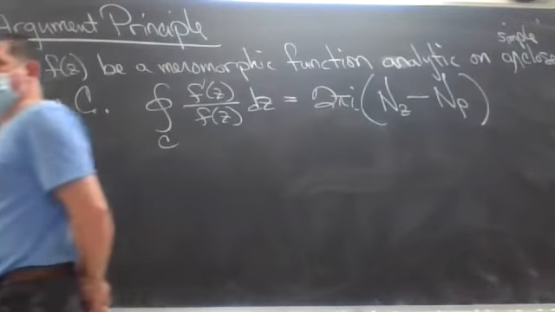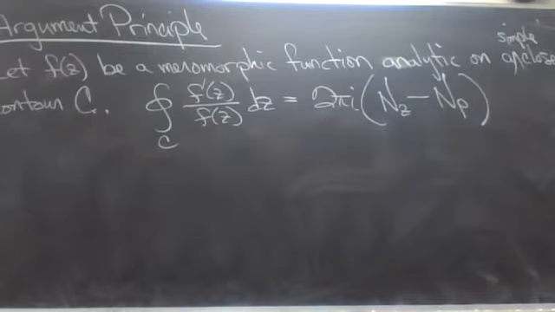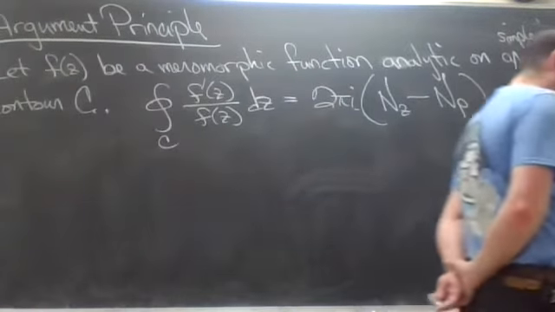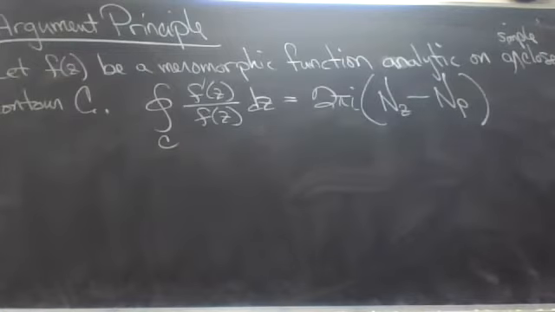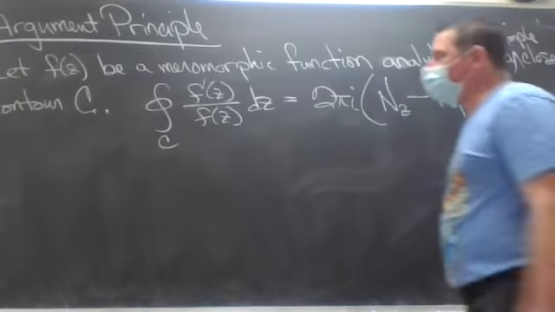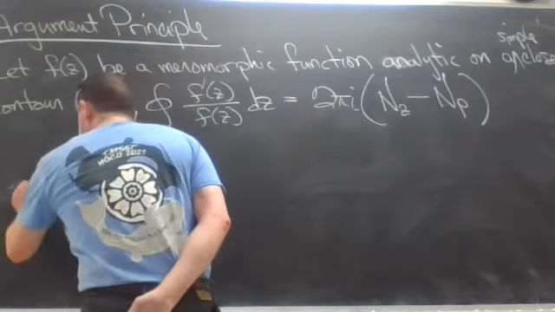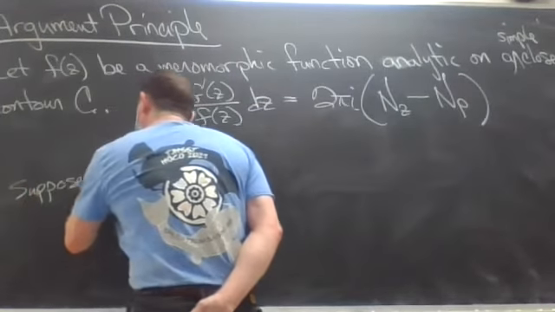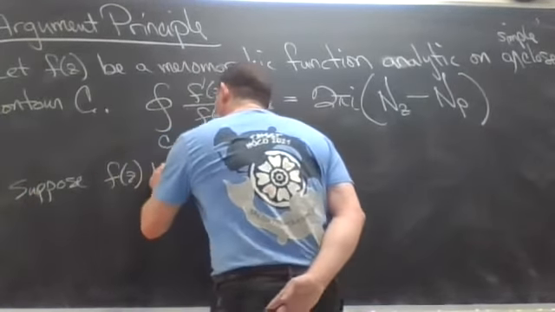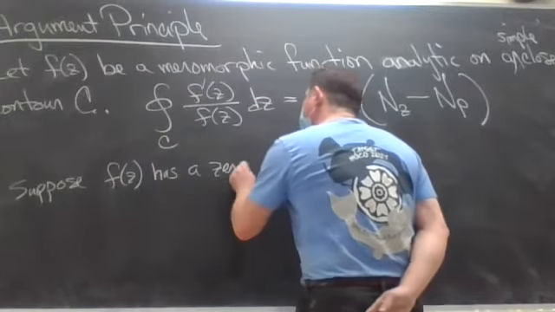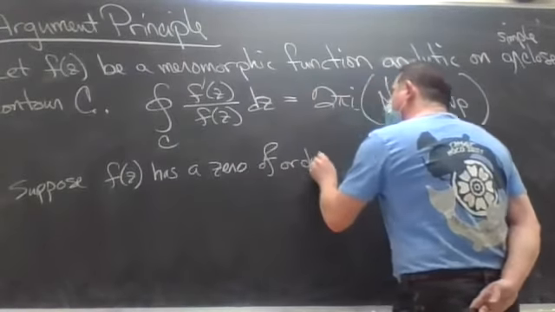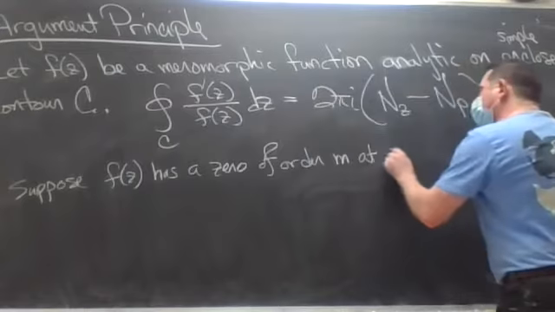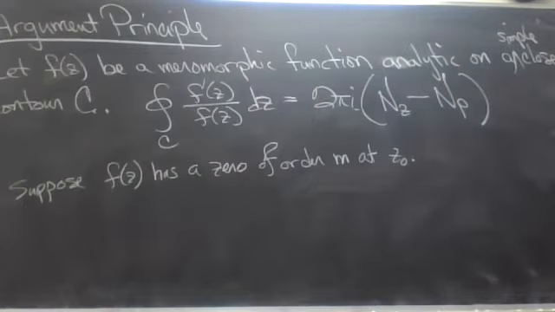Multiplicity counts. All right? The reason why this works is because of something that you showed on your homework, I think, a while ago. Okay? Let's suppose that f of z has a zero of order m at z naught.